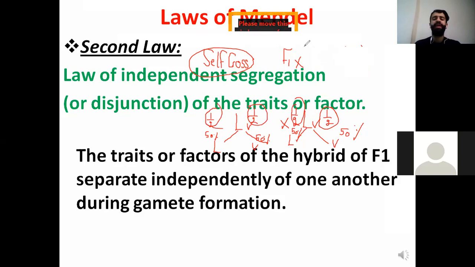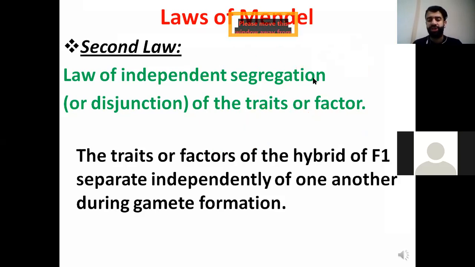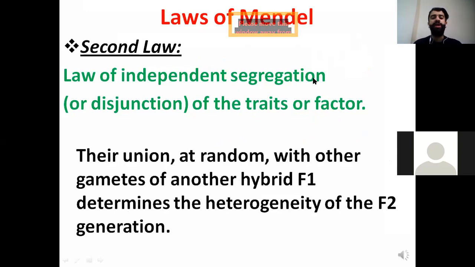So law 2 is when we have the F2 generation. Their union with their gametes determines the heterogeneity of the F2 generation, meaning that the F2 are not identical. We have different phenotypes and different genotypes in the F2 generation.